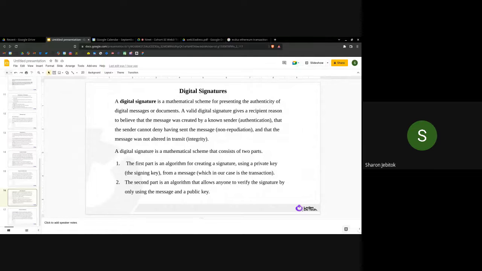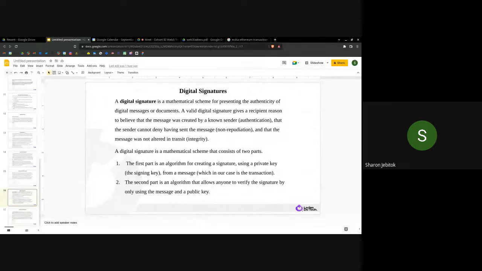So when we were talking about these digital signatures, of course we said it's a mathematical scheme and it contains two parts. The first part is the algorithm for creating the signature. This algorithm uses the private key that you use to sign your transaction.